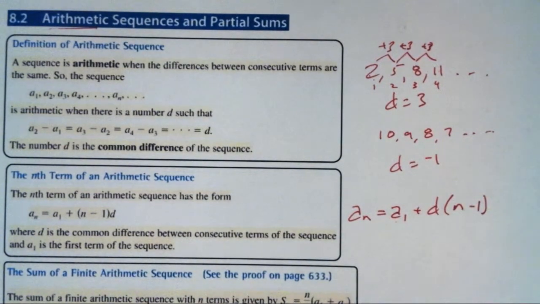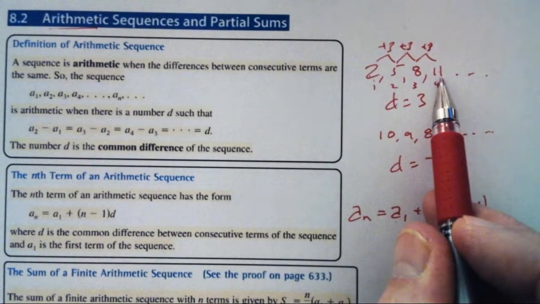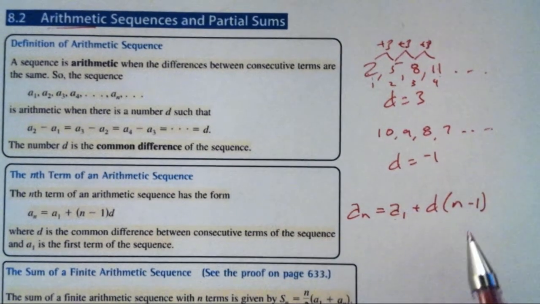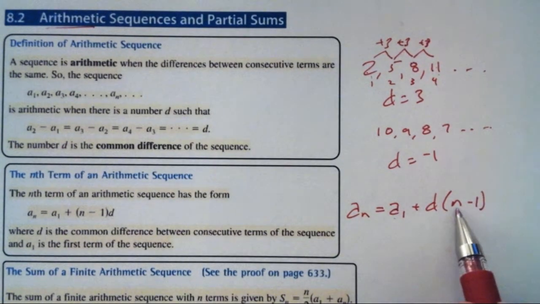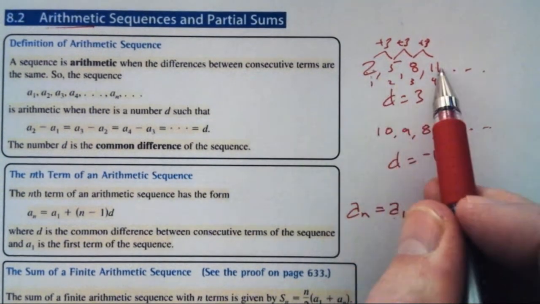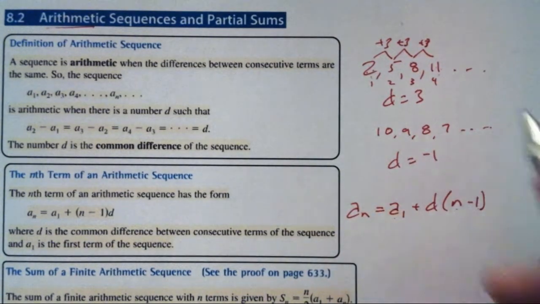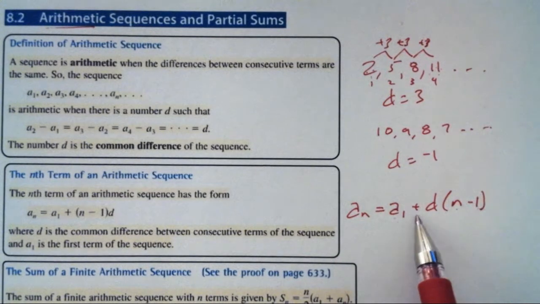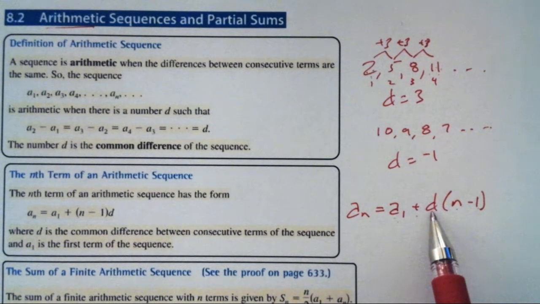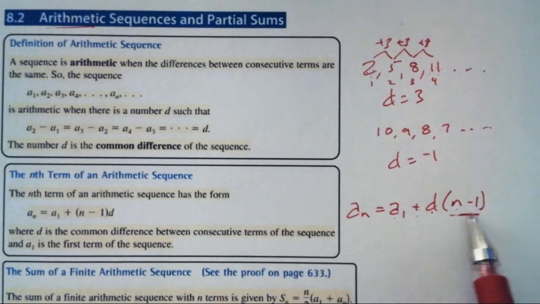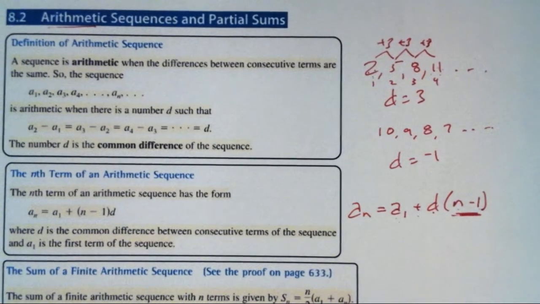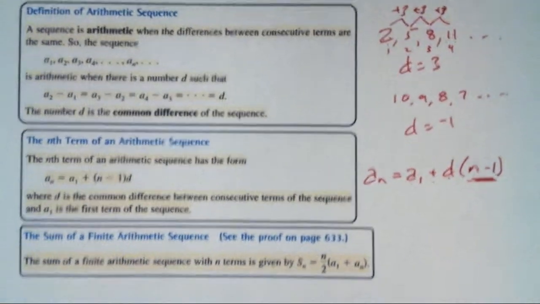It's the number of steps from the first term to the final term, and the number of steps is the number of terms minus 1. 4 terms here, but just 3 steps to get there. So it's the first term plus the difference repeatedly. How many times? Well, how many steps does it take to get there? That's a really big issue this chapter.